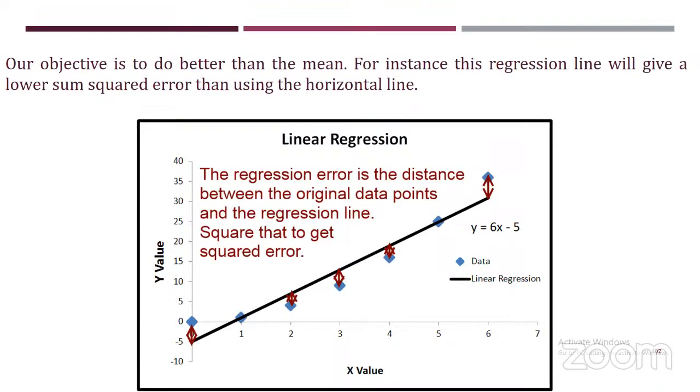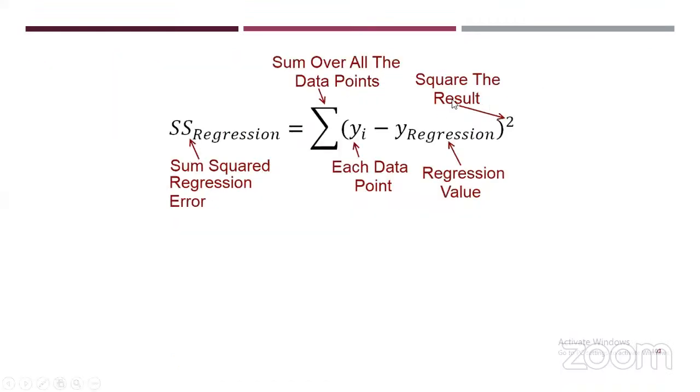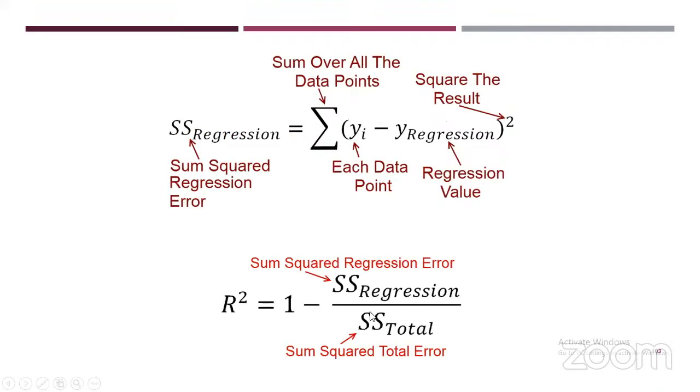Coming to the sum of square regression, it is the difference between your actual value and the predicted value. This way you are able to calculate the sum of square regression and the sum of square total.